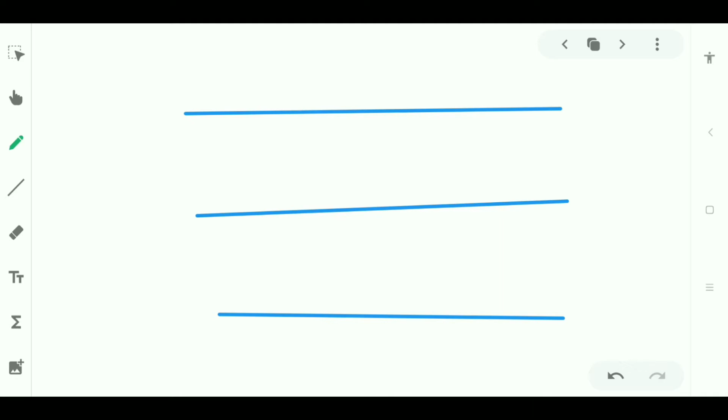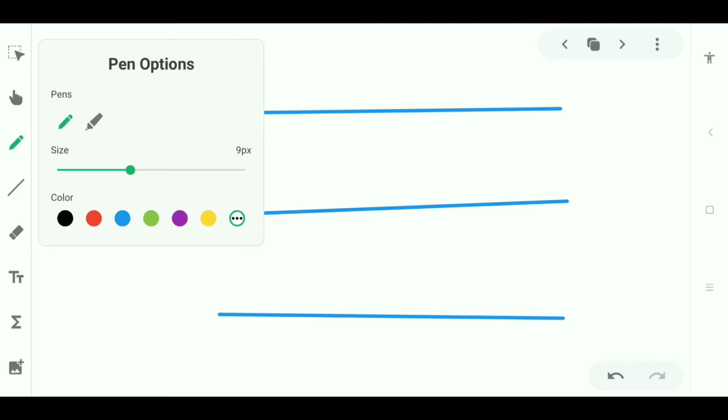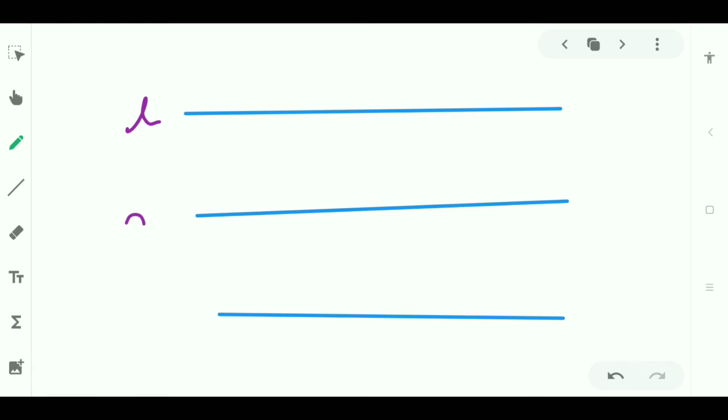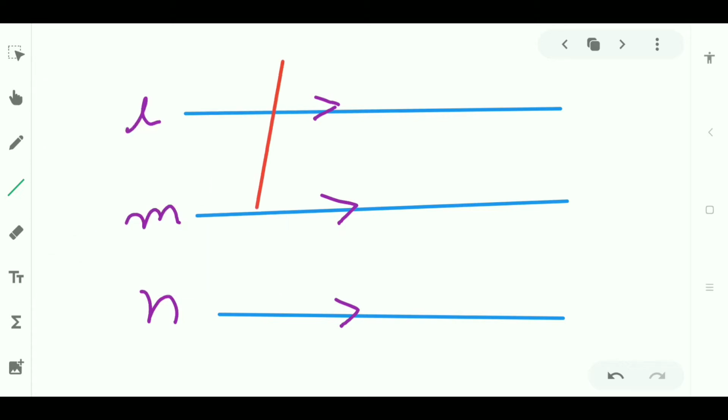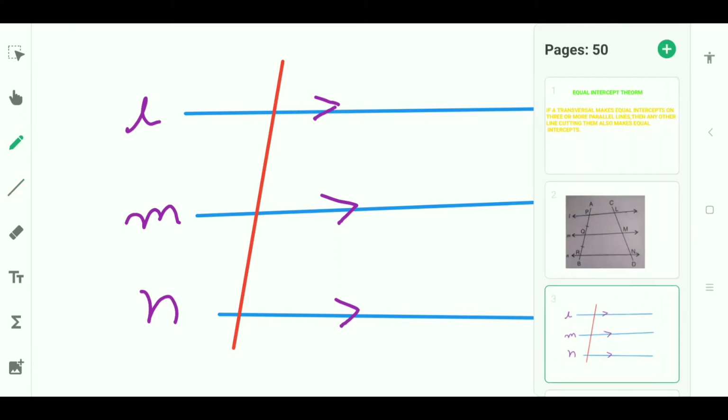Let us name them L, M and N. Now if these 3 are parallel to each other and if one line passing through them also makes equal intercepts, that is what we have learned here.